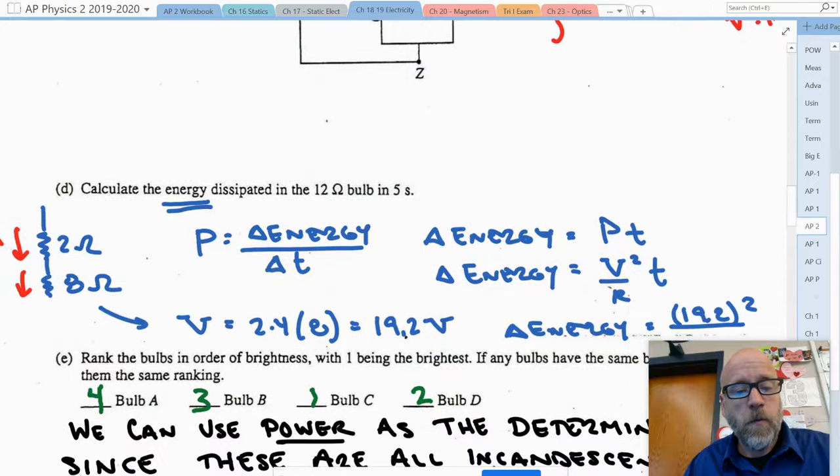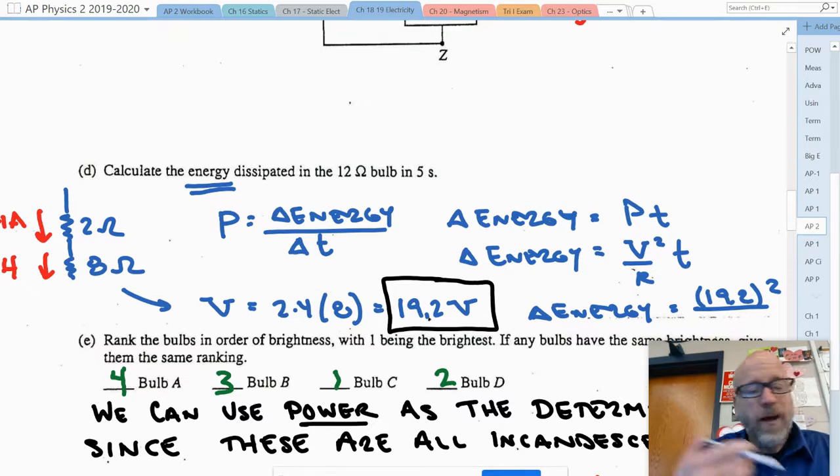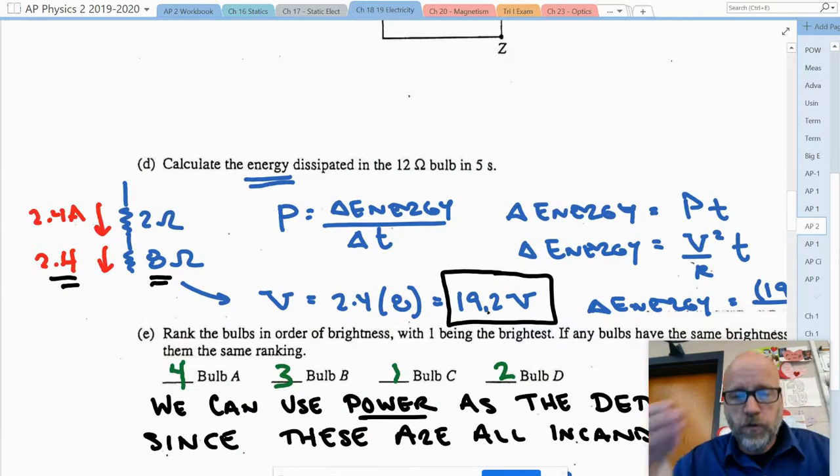Next, calculate the energy dissipated in the 12 ohm bulb in 5 seconds. Well, in the 12 ohm bulb, I realize that the voltage drop is going to be 19.2 volts. I could have solved that a couple different ways. Here I did it by using the current through the 8 ohm resistor, which is 12 and 24 together, is 19.2.